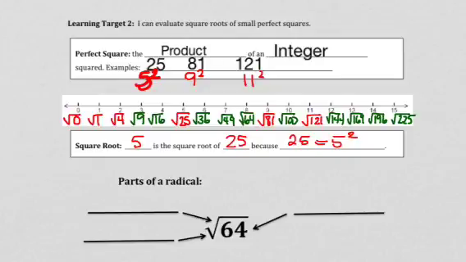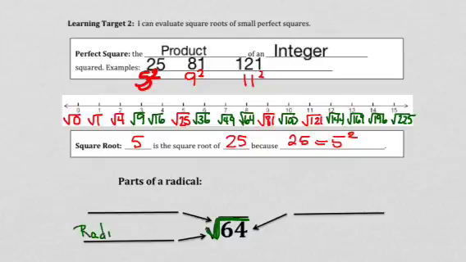Let's move down to the parts of a radical right now. The symbol that we call the square root is actually a radical symbol. So that's this symbol right here that I am outlining in green. It's a check mark with a bar at the top. You could say radical symbol or radical sign.